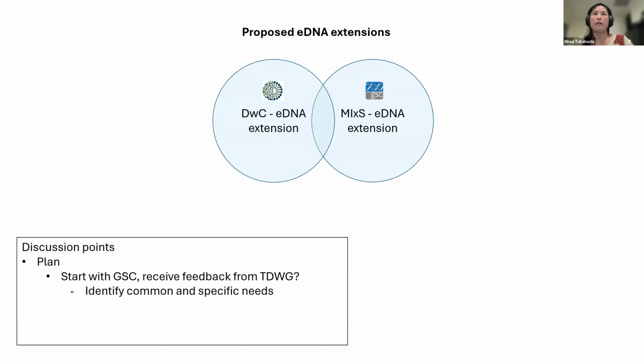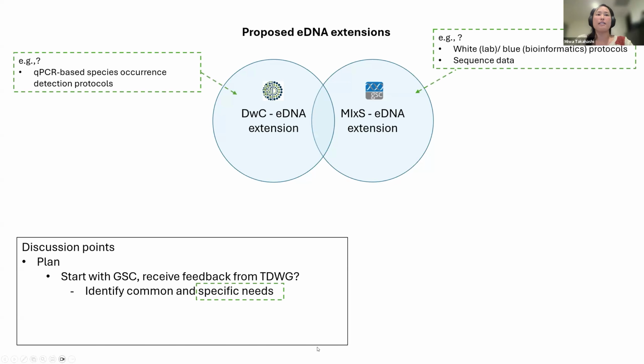So I want to make sure that we can strategize these two projects together and collaborate very, very closely. Ideally, I think the overlap of this Venn diagram is going to be a significant amount, almost as identical as possible. But then we also need to identify some common specific needs.